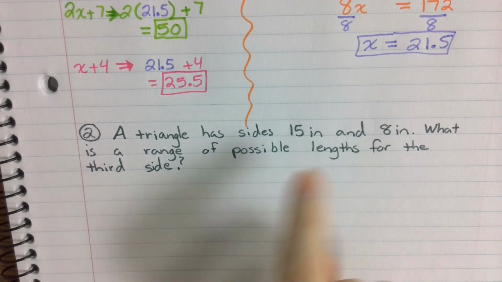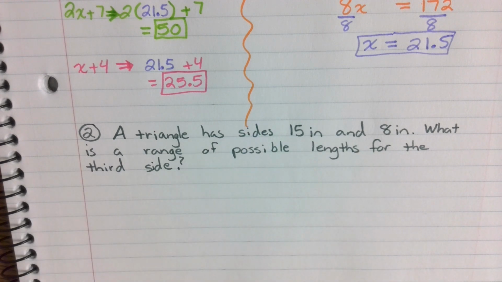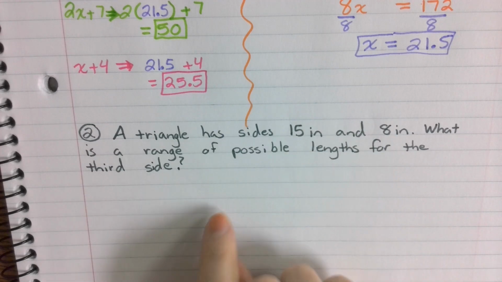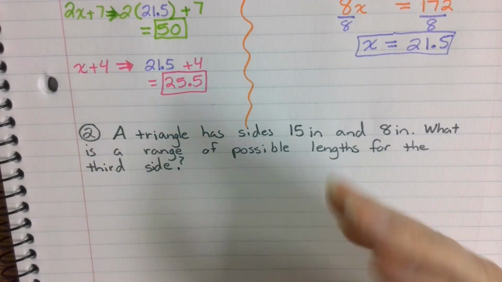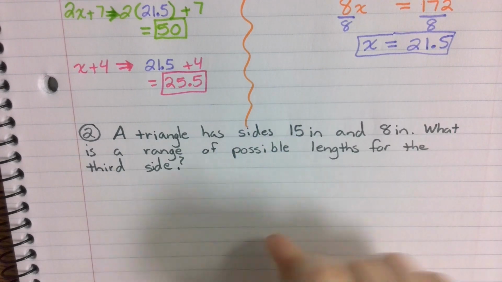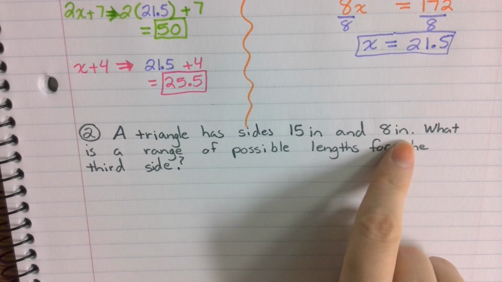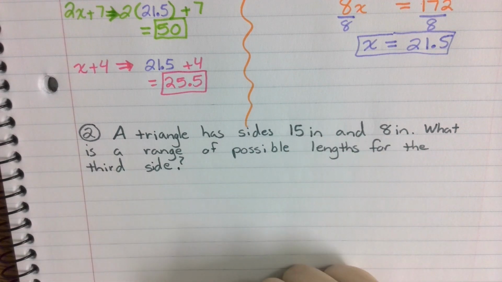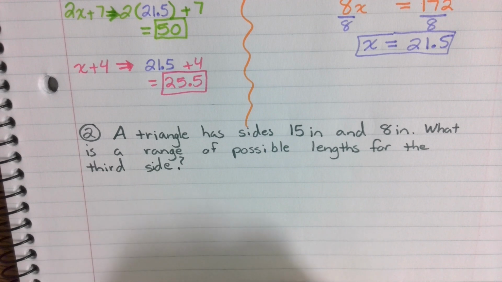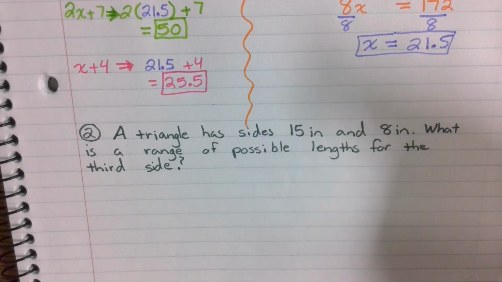So when we're talking about picking out a range, we've got two measurements. We need to pick out the third measurement, and we want a range of different possible answers. In this problem, does it say anything about whether these are the smallest or one of them's the largest? No. So the third possible side could be a small side, or it could be the large side.